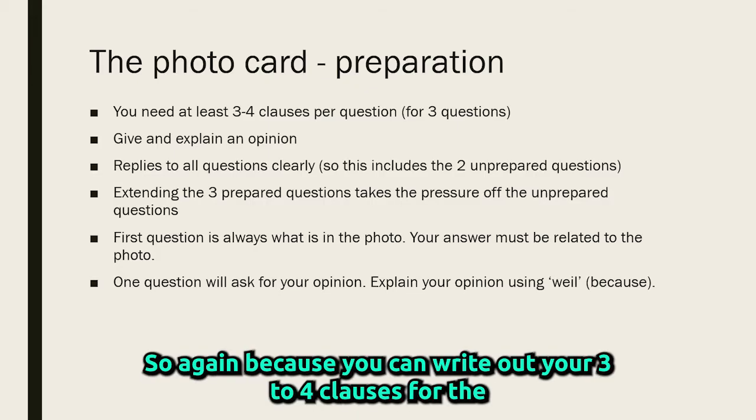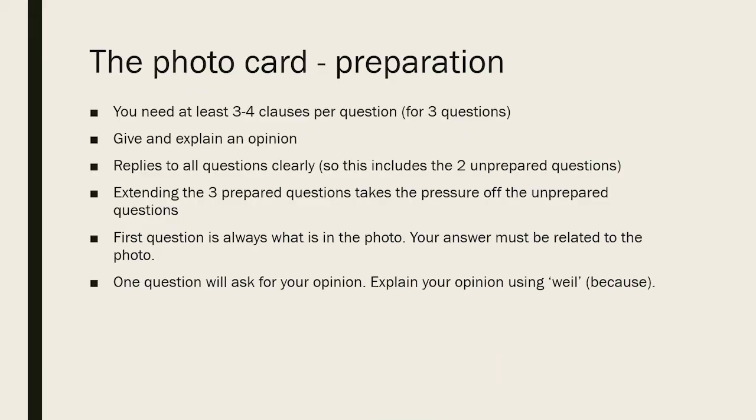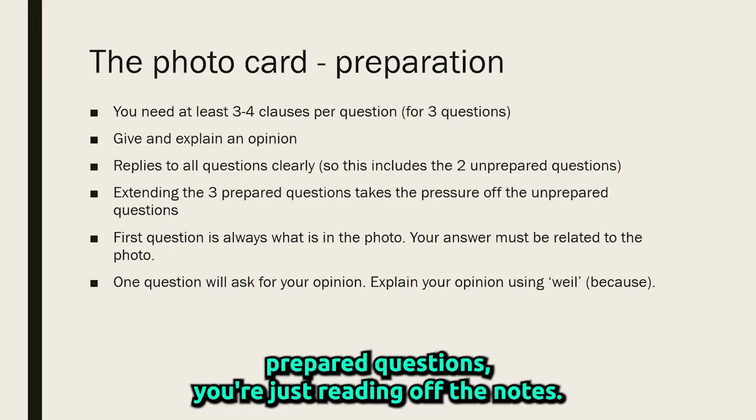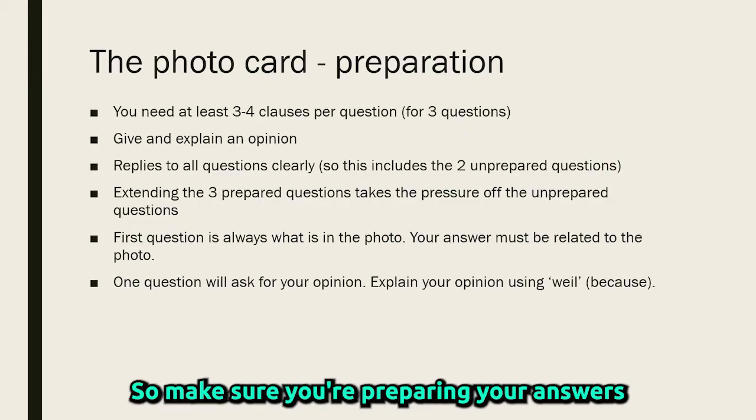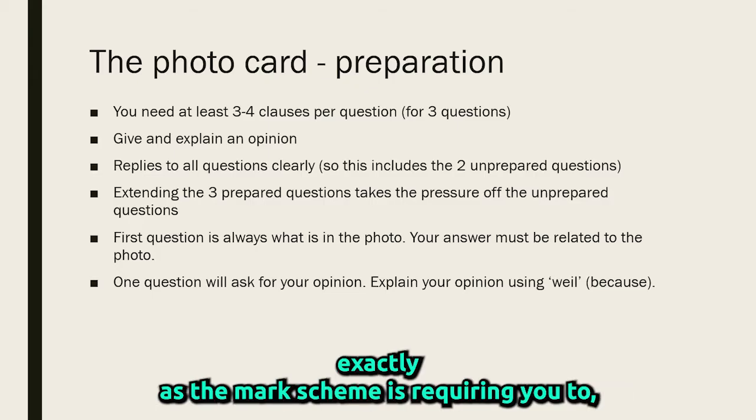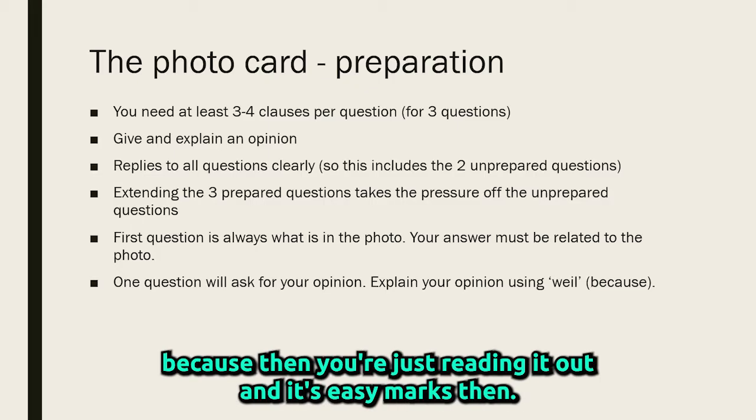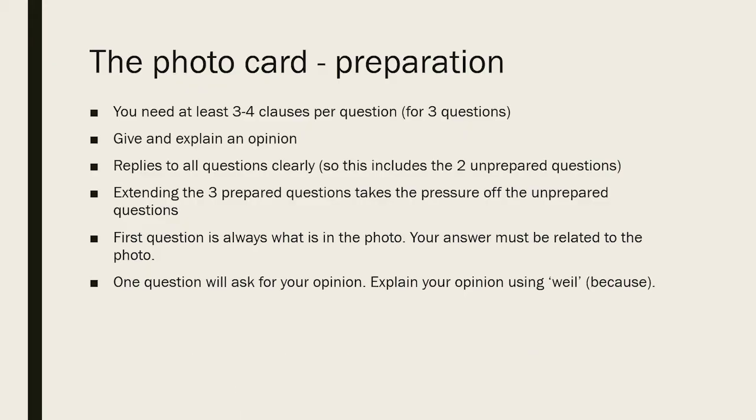So again, because you can write out your 3 to 4 clauses for the prepared questions, you're just reading off the notes. So make sure you're preparing your answers exactly as the mark scheme is requiring you to, because then you're just reading it out and it's easy marks then.